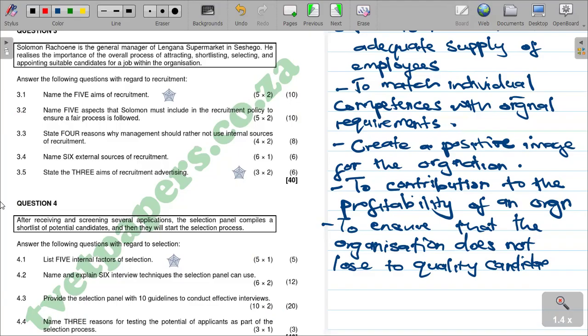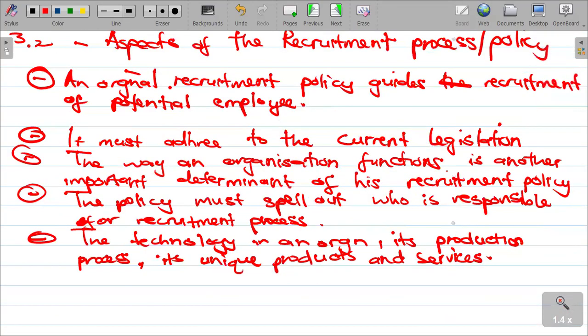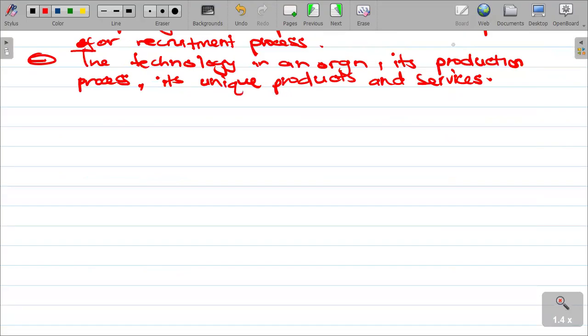So here, in other words, why does the organization decide not to promote employees within the organization for vacant positions, but rather recruit from outside? Reasons why the organization might decide to recruit from outside.